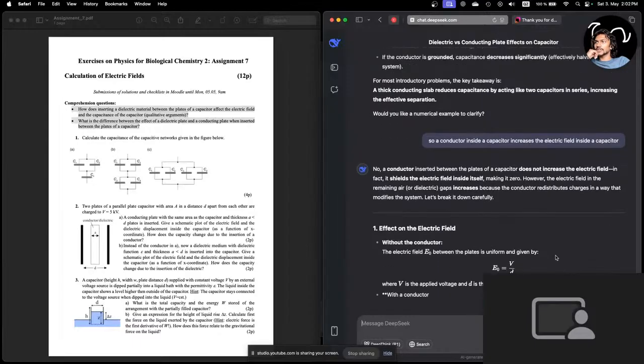In fact, it shields the electric field inside itself, making it zero. However, the electric field in the remaining air gaps increases because the conductor redistributes charges.